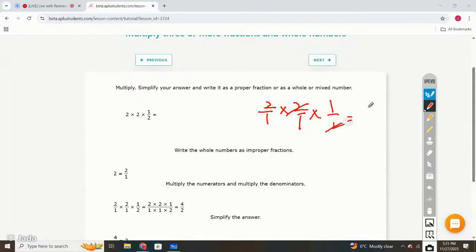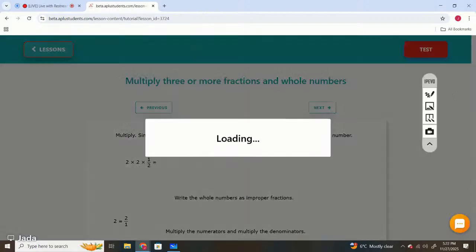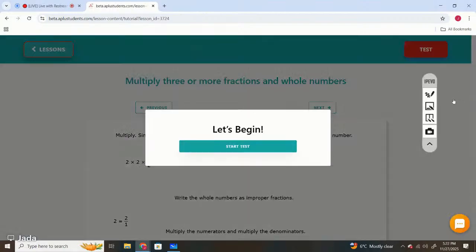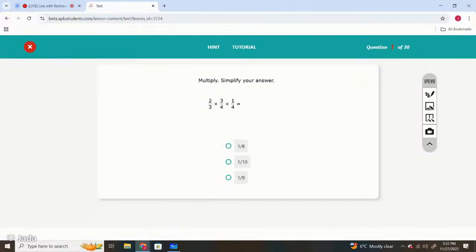So 2 and 2 cancel out, we are left with just 2. Let's just start with the test questions. 2 by 3 times 3 by 4 times 1 by 4.